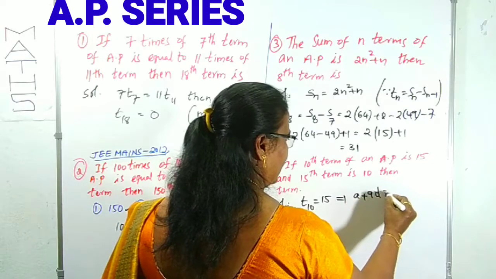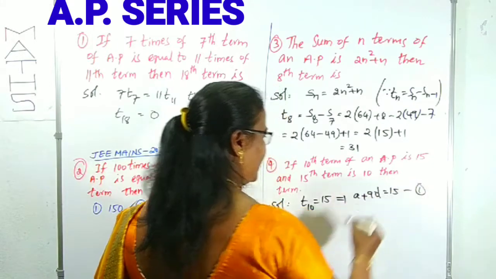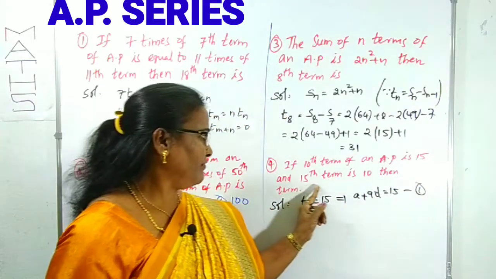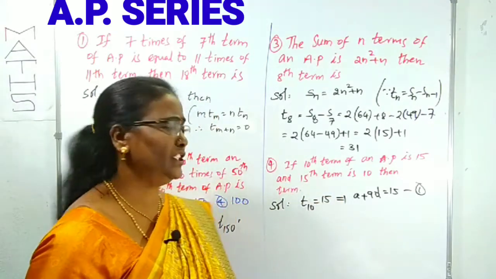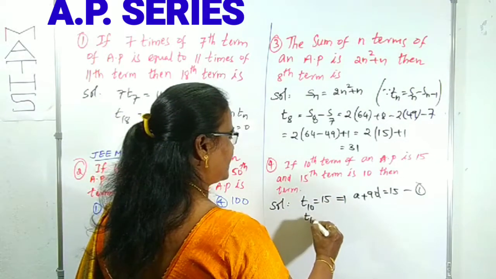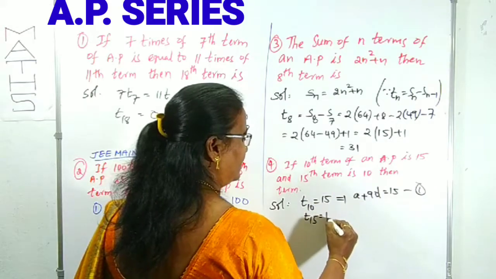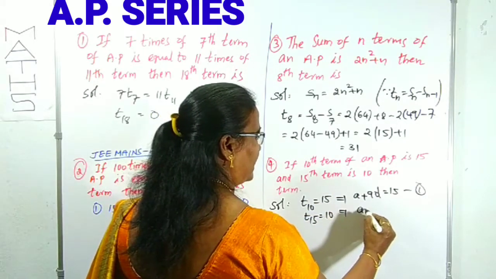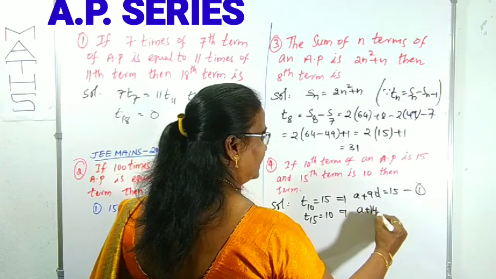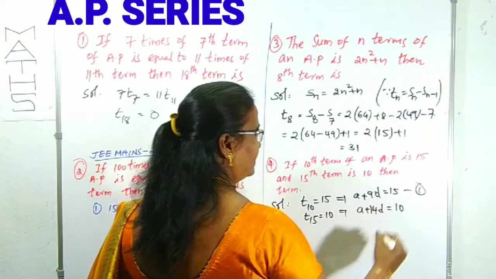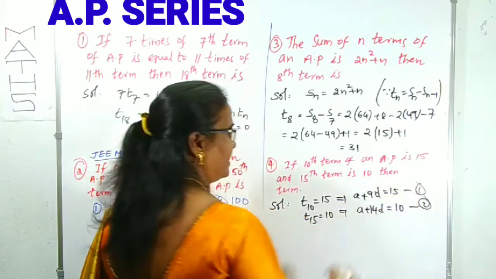A plus 9D is 15, as equation 1. And the 15th term, T15, is given as 10: A plus 14D is equal to 10. This is equation 2.